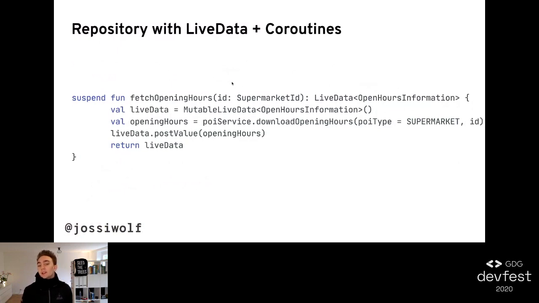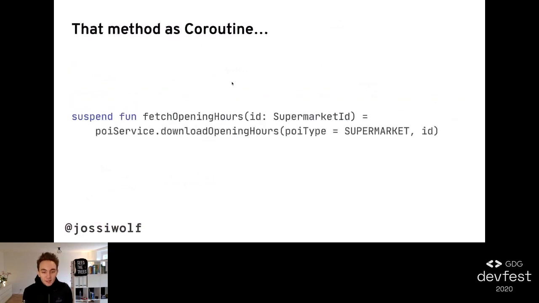It's just delegating to the Retrofit interface, the POI service. The actual thing that's happening in here is just this one line. And that works very, very well as a coroutine, just by saying, okay, this is the code we want to run. Or if we had custom logic in there, that would have worked as well, right?